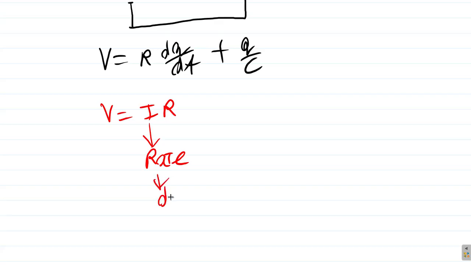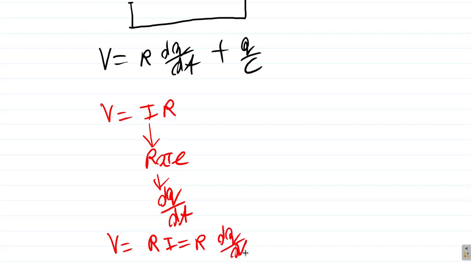So it is dq by dt. So therefore, the voltage here is equal to the resistance times I, which is the resistance times dq by dt. So that's this part.